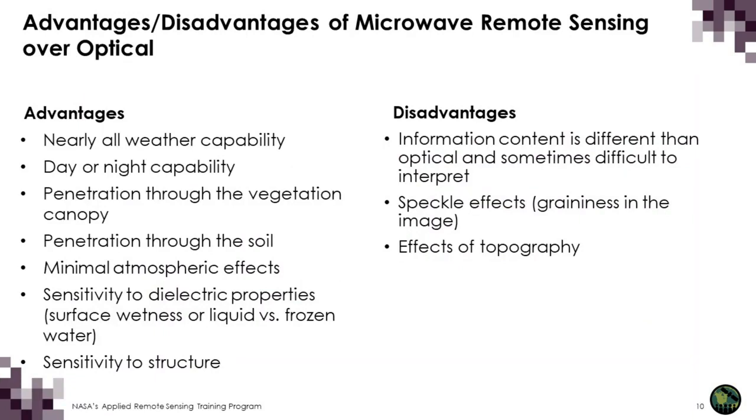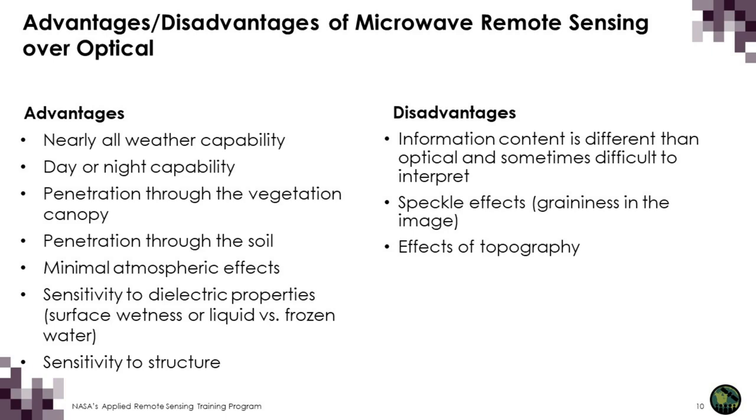So, of course, there are advantages and disadvantages of microwave remote sensing over optical. Some of the advantages, as you all probably know, are that SAR has a nearly all-weather capability, a day or night capability. The signal can penetrate through a medium, whether that's a vegetation canopy, soil or snow.